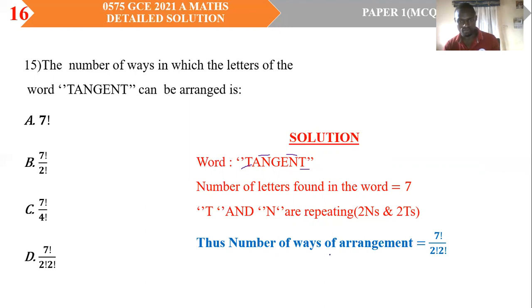Thus the number of ways of arrangement will be given by first arranging all the 7, which is 7 factorial, over arranging the ones that are repeating: N's in 2 factorial ways, T's in 2 factorial ways. So giving us D as the correct answer.